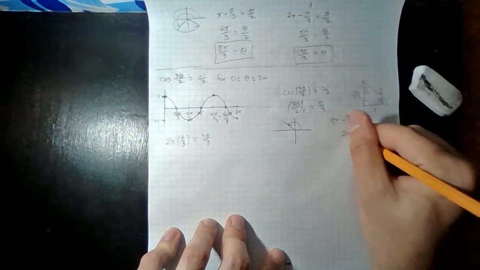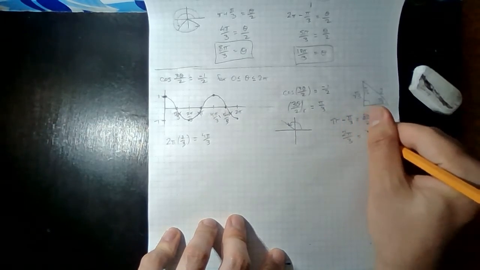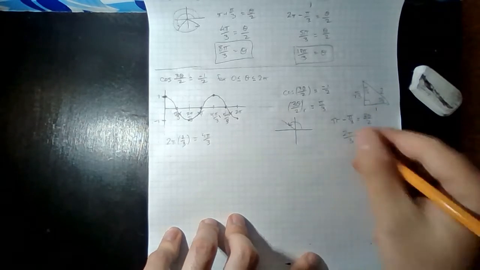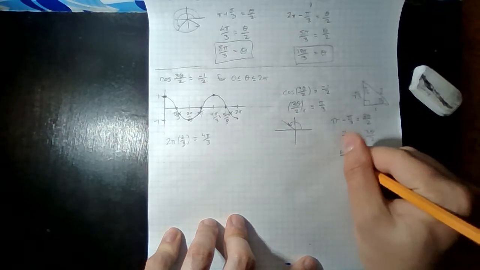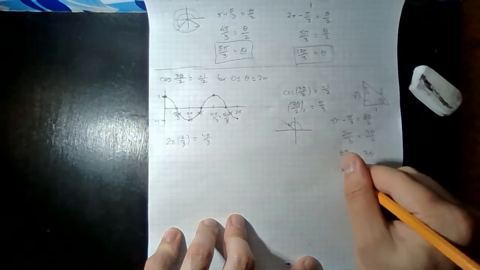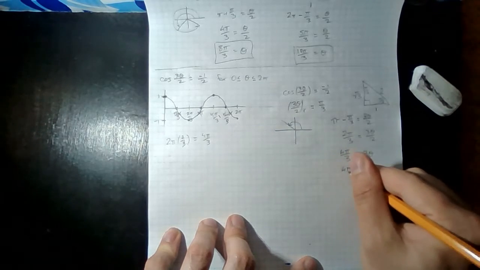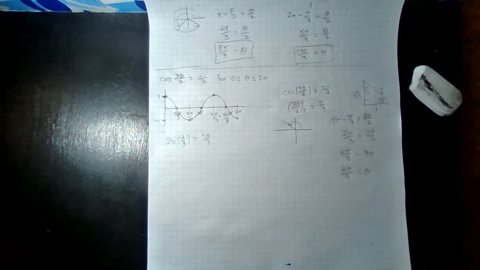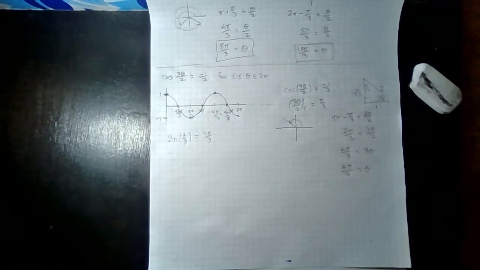So 2 pi over 3 has to equal 3 theta over 2. We can multiply both sides by 2 and divide both sides by 3, and we get theta is 4 pi over 9.